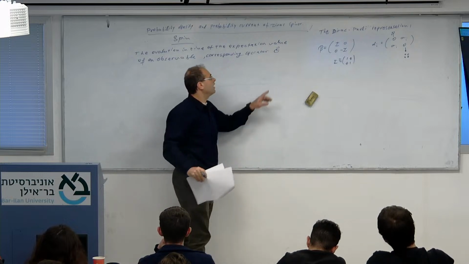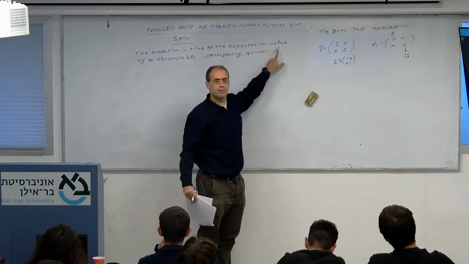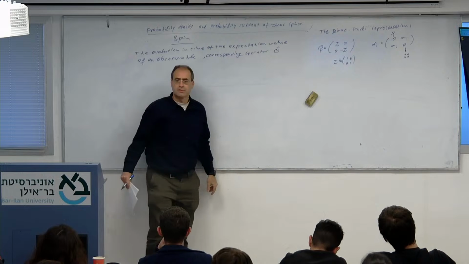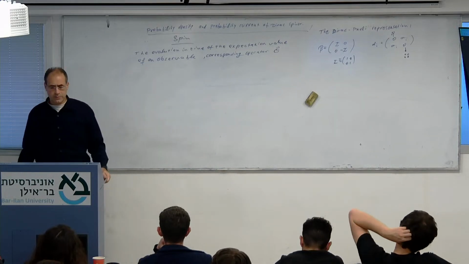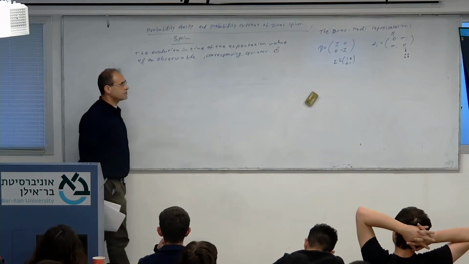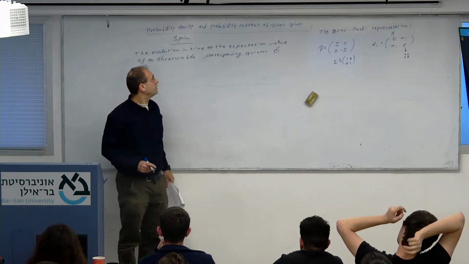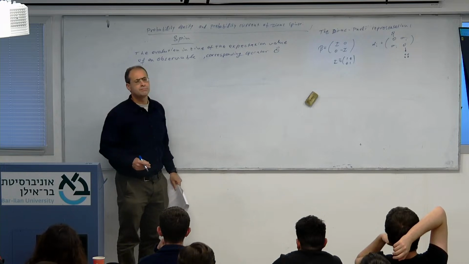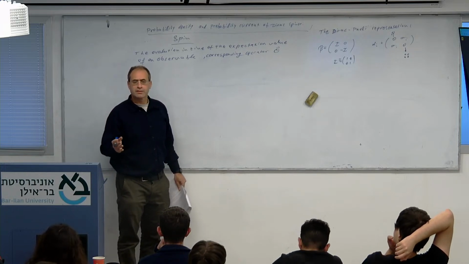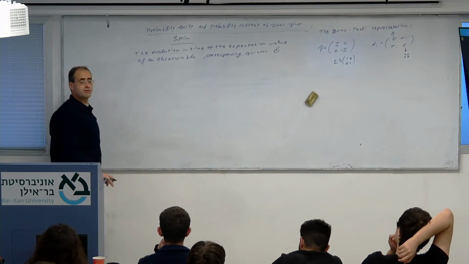I tend to put a small hat on something to describe that it's an operator. Some textbooks use it, not everybody does, so just get used to it. You learn quantum mechanics.